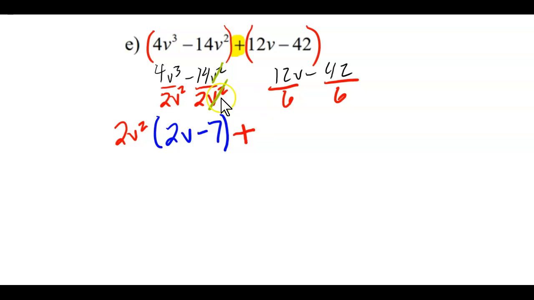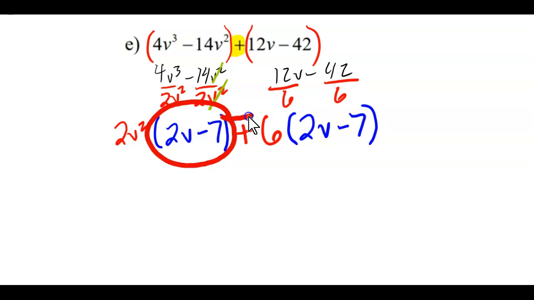And then my GCF from the second set, which is going to be 6. What is still remaining is 12 divided by 6 is 2. The v, 42 divided by 6 is 7. So 2v minus 7.